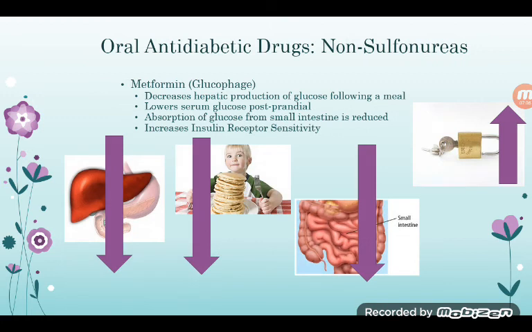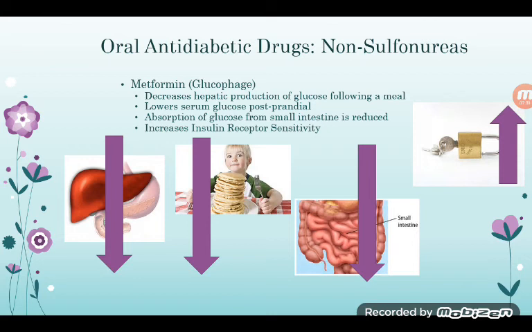There are some that are non-sulfonylureas. The most famous one is metformin. Decreases hepatic production of glucose following a meal. Lowers serum glucose postprandial. That means after a meal, it lowers that blood glucose. Absorption of glucose from the small intestine is reduced.